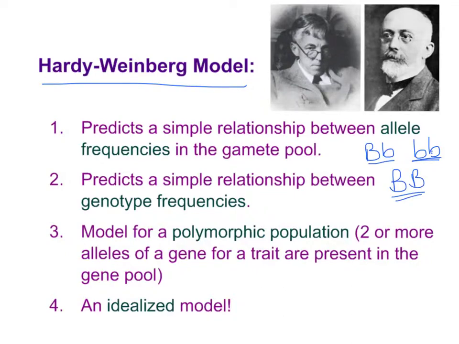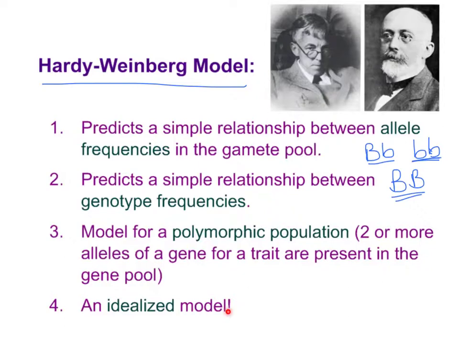But we can look at genotype frequencies as well as individual allelic frequencies. This model is very idealized. It is a model for a polymorphic population, one that has 2 or more alleles of a gene for a trait. If there's only one allele present, obviously the model doesn't work, and there needs to be at least 2 different alleles or more. The idealization of the model is limited, and we won't go into that so much here, but you can look into that for some extra.